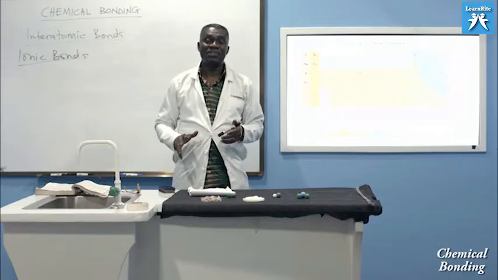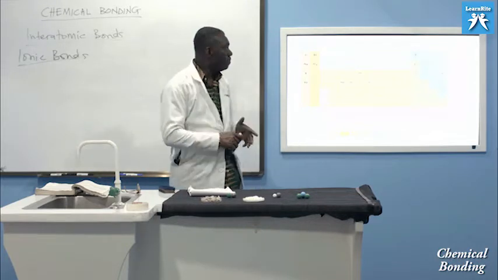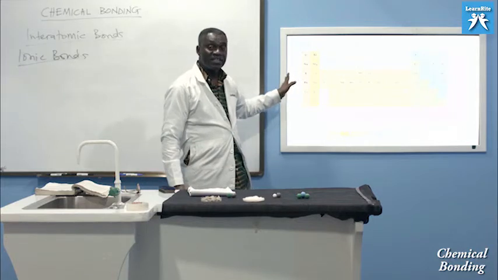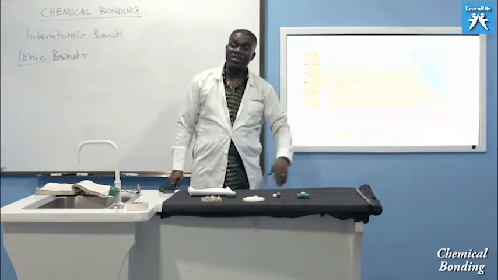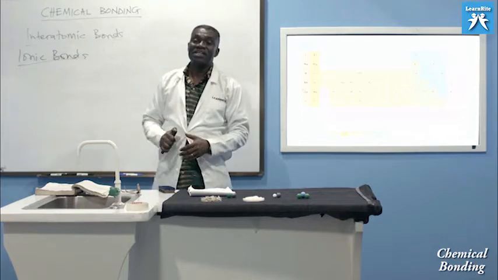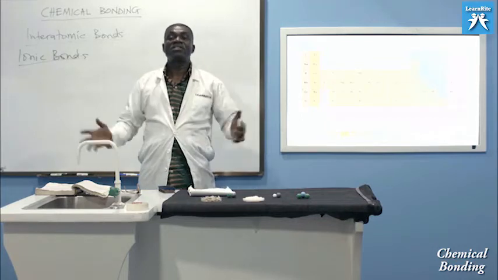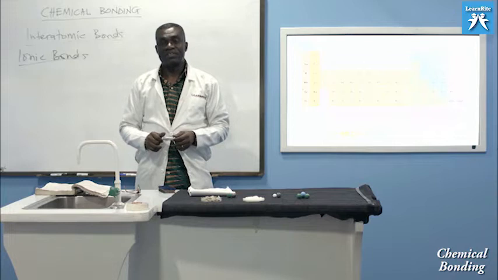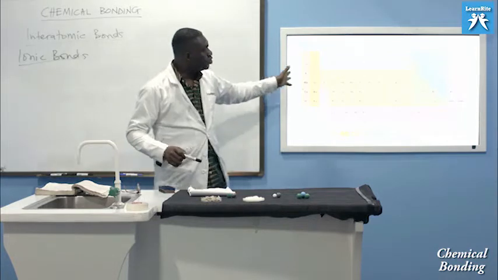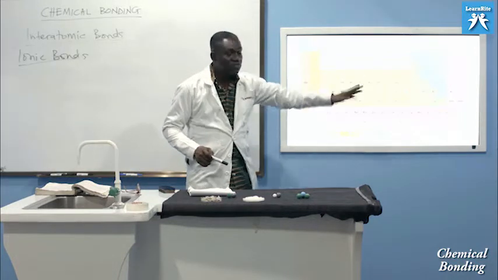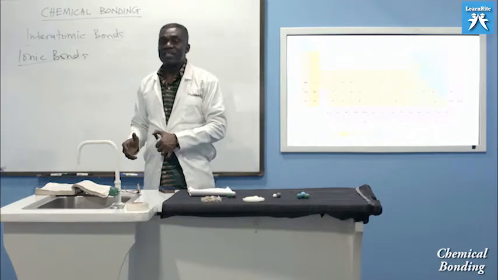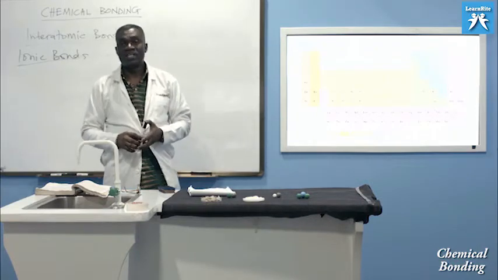And once this happens, the transfer of electrons from the elements of low ionization energy to the elements of high electron affinity and high electronegativity creates ionic characteristics. Positive ions for those on the left who have lost the electrons, negative ions for those on the right that have gained electrons, and the two are attracted by the electrostatic force of attraction.